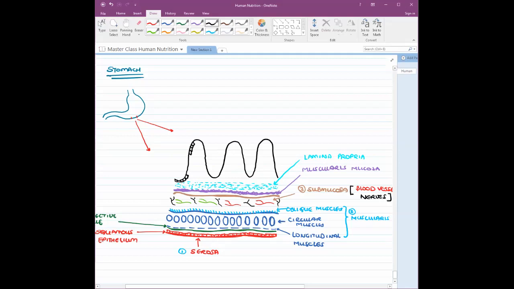Okay, guys, and always remember, each and every cell has a nucleus over here. It becomes very difficult to show a nucleus for each of them, but understand that each of them has a nucleus inside.